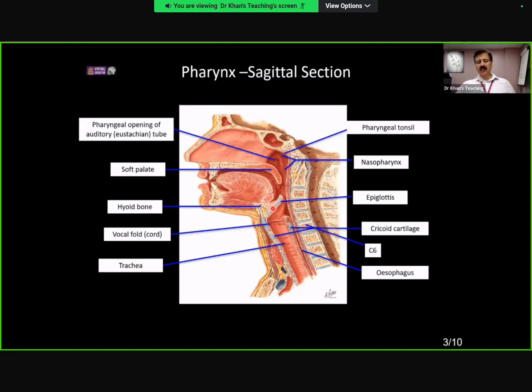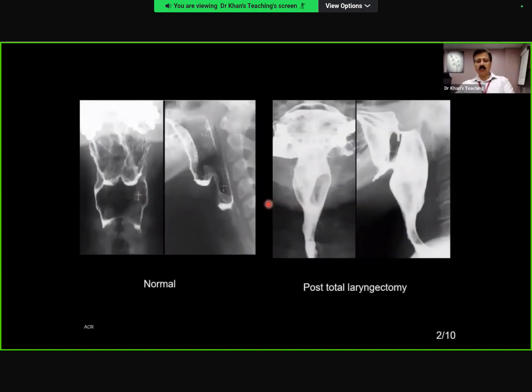So there is a connection between the midline tongue and the hyoid bone and the epiglottis, and that actually forms this midline indentation here. This is that glossoepiglottic and the hyoepiglottic ligament together, right vallecula, left vallecula.